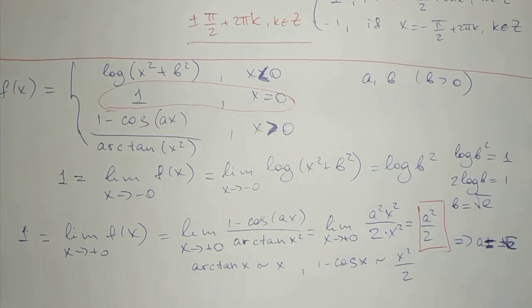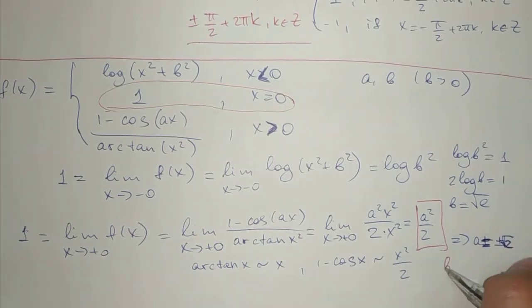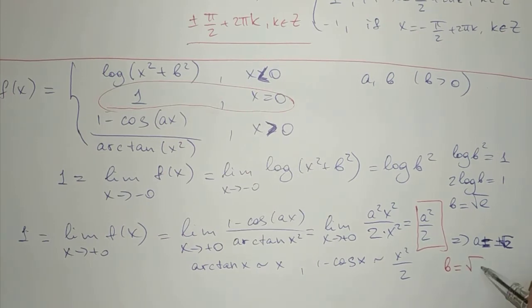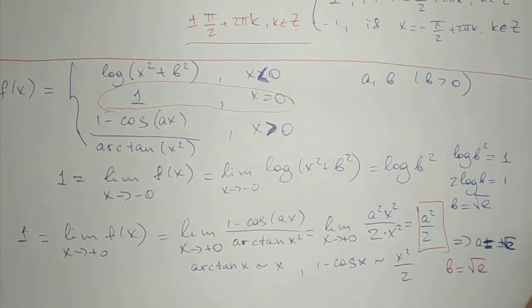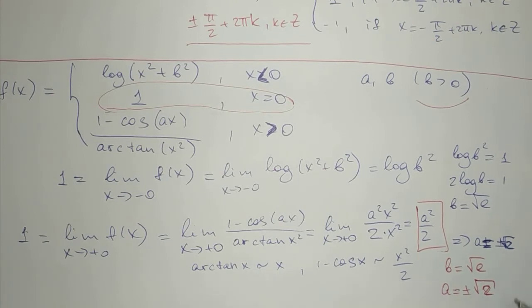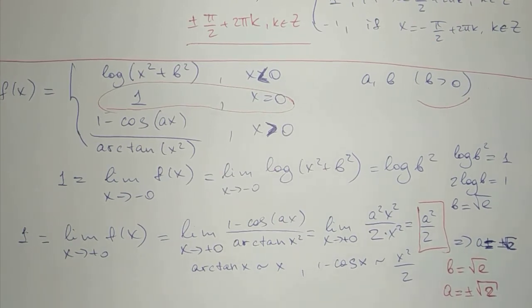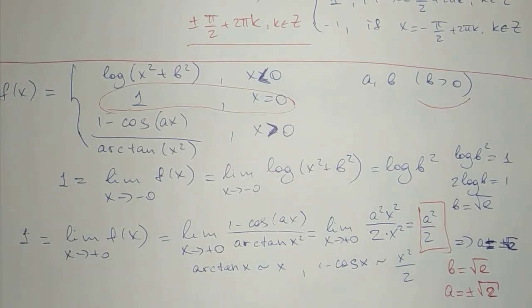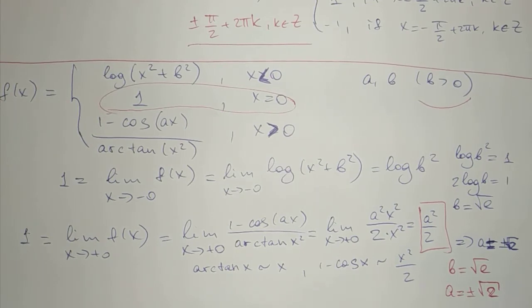This is a. So b is square root of e. b is positive, and a is plus minus square root of 2. So for these values a and b, the function f of x is continuous.